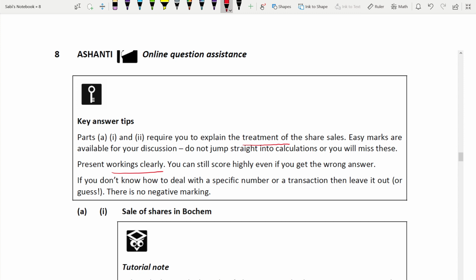Okay. So if you don't know how to deal with a specific number or a transaction, then leave it out for a guess. There is no negative marking. Leave it for the end. If you're not able to solve anything in the time given, leave it, go to the next question. I would say, not even in the time given.